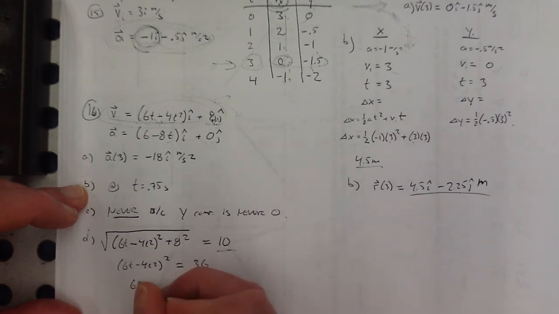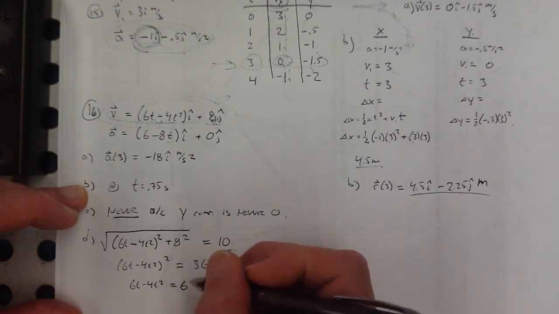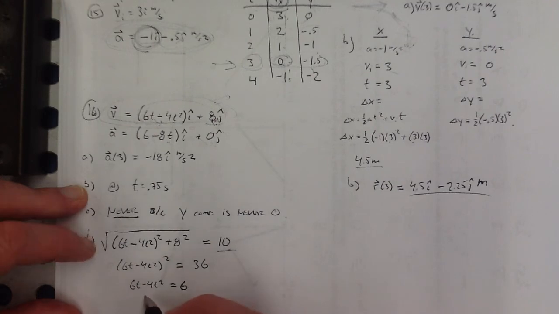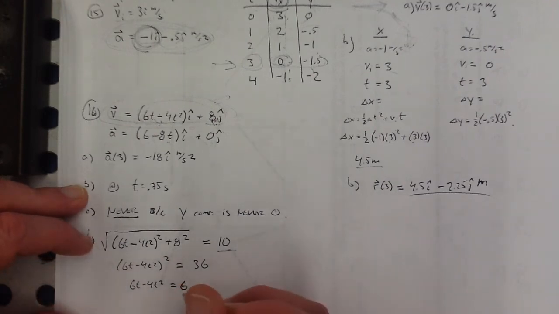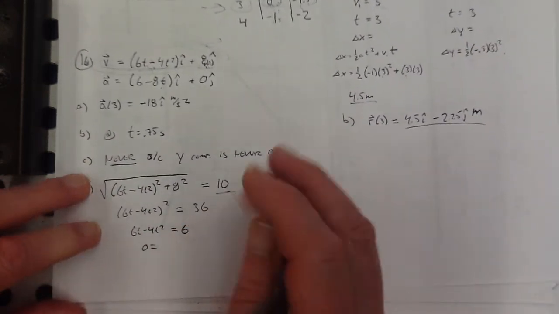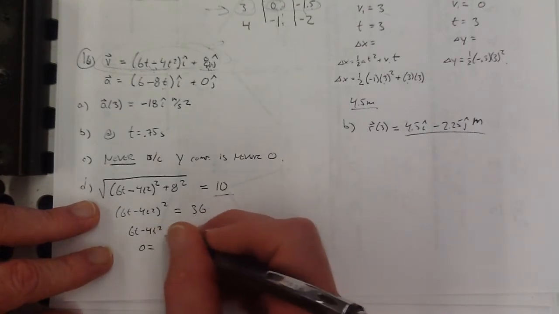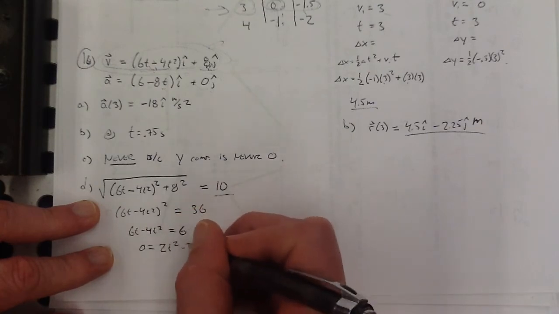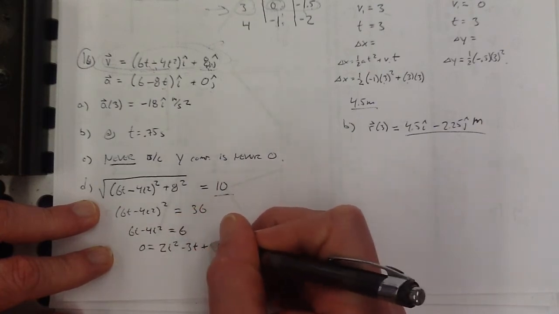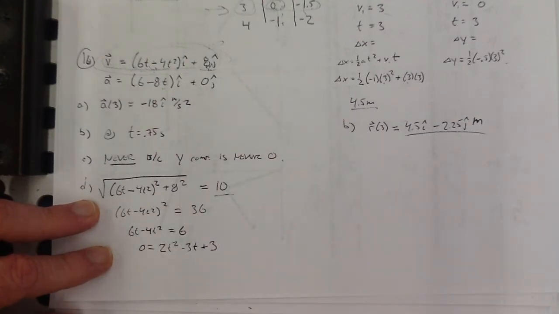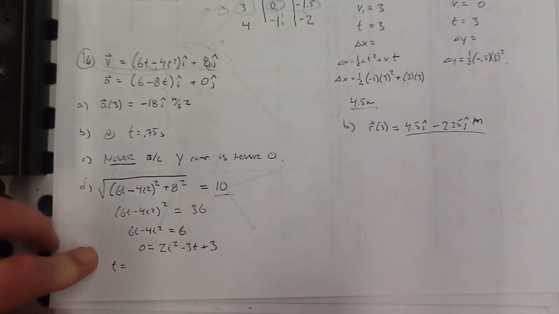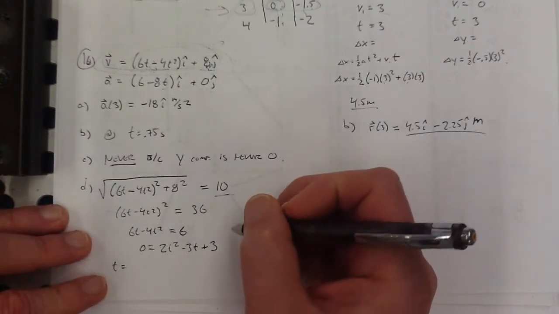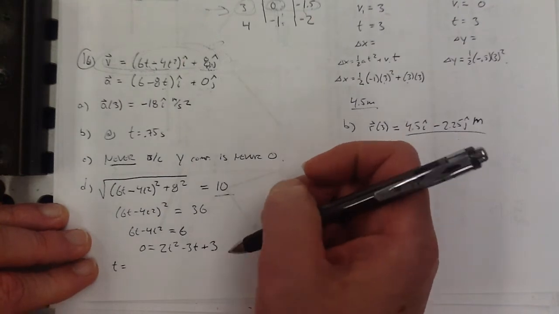Then take the square root of both of those, get everything on one side, and divide by 2. Looks like I would have 2t squared minus 3t plus 3. Does that factor? Oh boy, I don't think so.